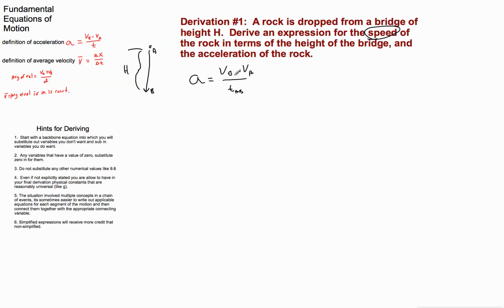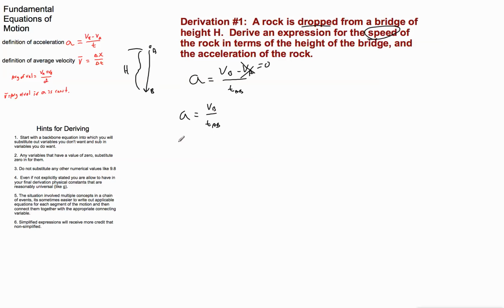Now the first thing I'm going to do after writing that down is realize that if the rock is dropped, then the initial velocity vA is 0, and one of my hints is to sub out any values of 0. And so I'm going to do that right now. We can drop that out because it equals 0. So then this becomes vB over the time from A to B.